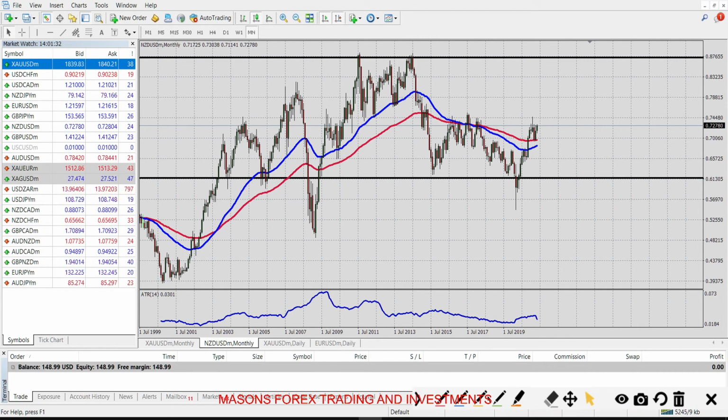The reason is, once again, as we discussed before, we react from this point. As soon as we reach this area, we push away. As soon as we reach this area here, we push away further. In this case, we break down below it, or we close below it. And in this case, we close above it. That's not a problem.